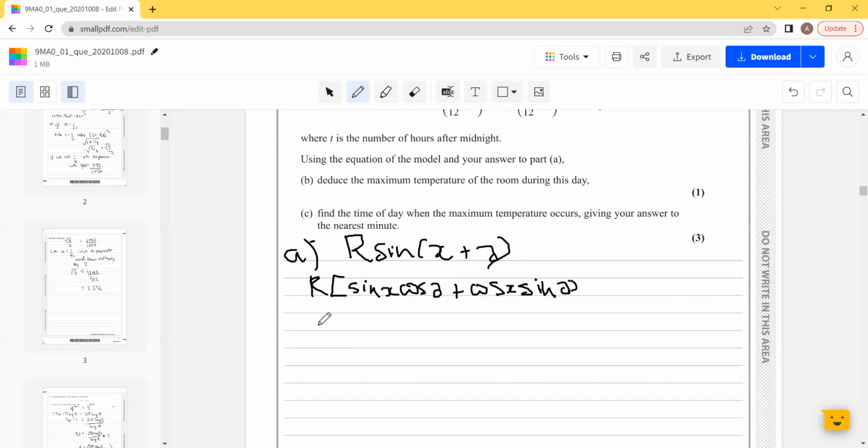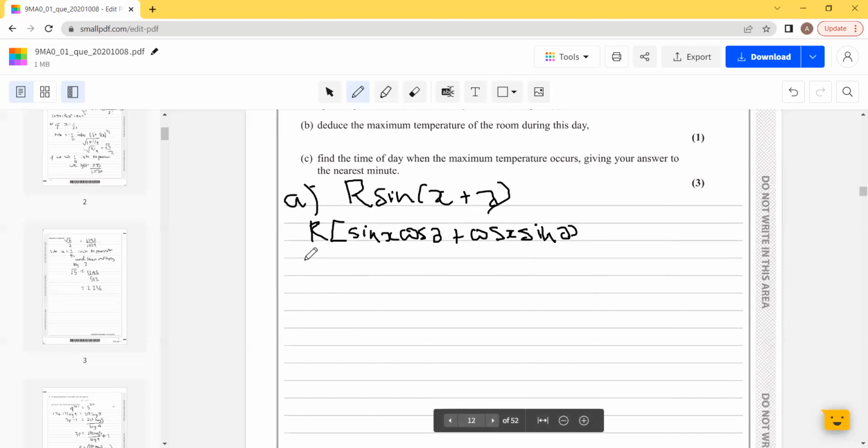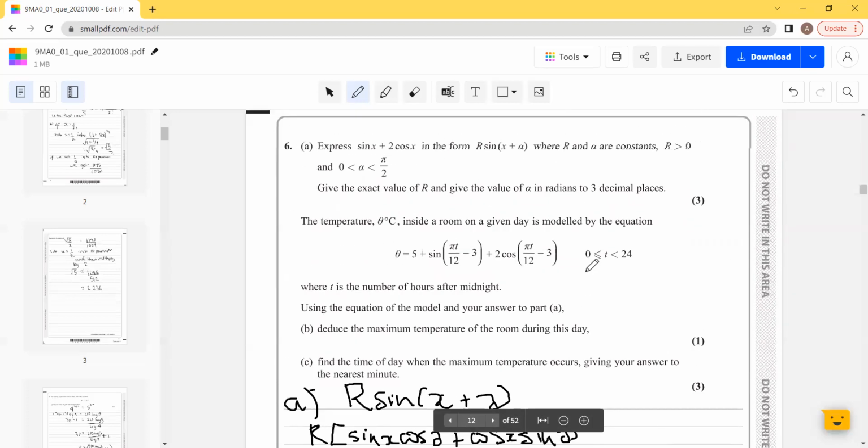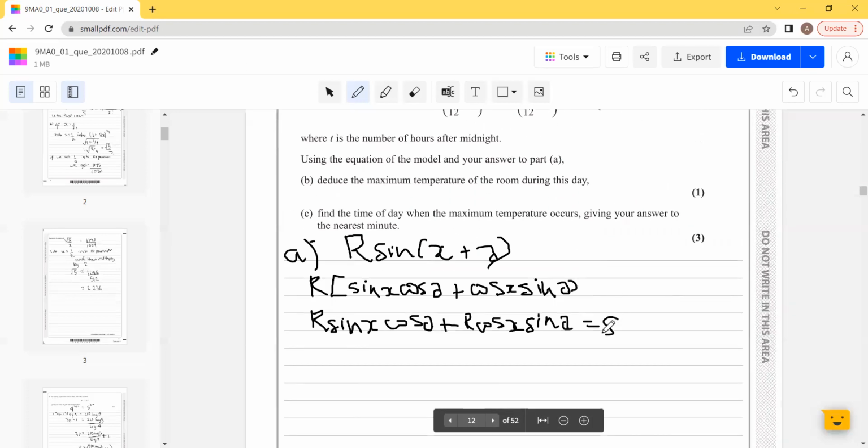Okay, so now if we expand this out by multiplying by r, we have r sine x cosine of alpha plus r cosine of x sine of alpha. Okay, and this is equal to sine x plus 2 cosine x.